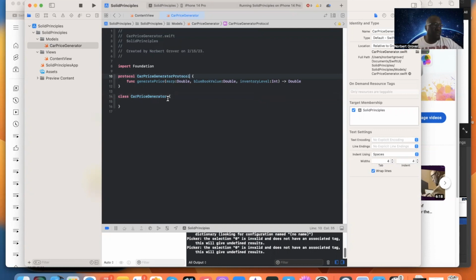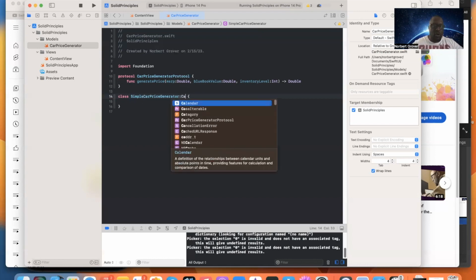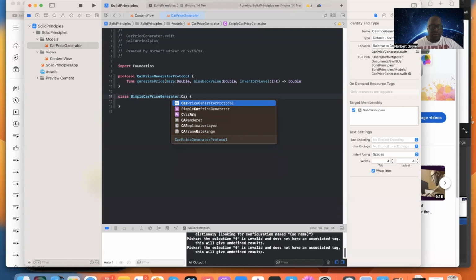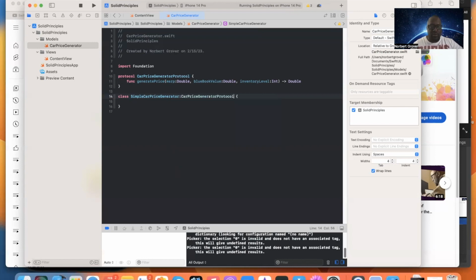So now let's go ahead and create some classes. Right now we have one called simple price generator, and it adheres to the car price generator protocol.